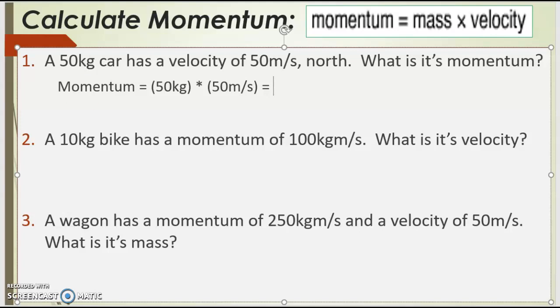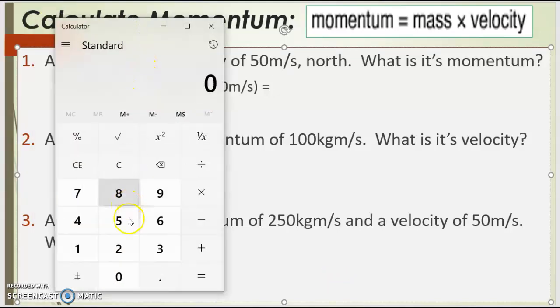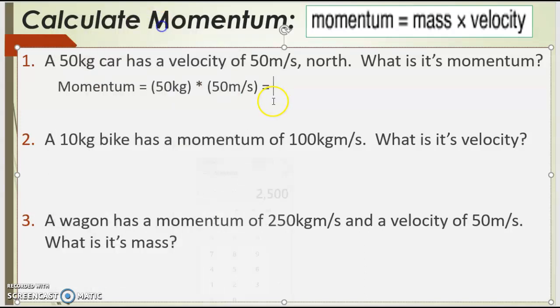So you get your calculator, and you can just say 50 times 50. I know most of you can do this in your head, but just to make sure you get the right number of zeros, it is 2,500, okay?